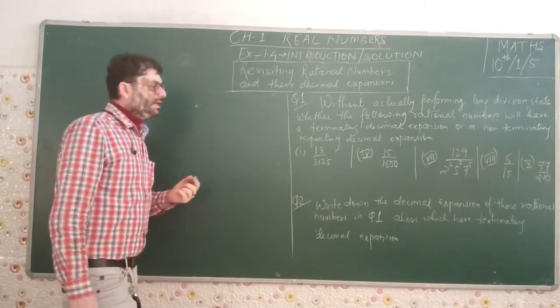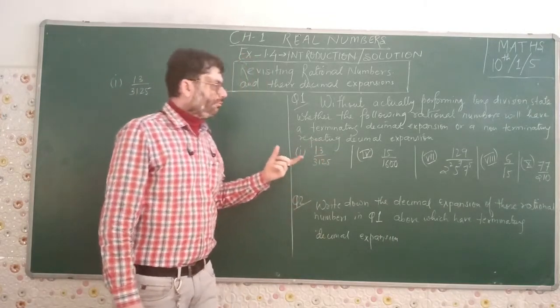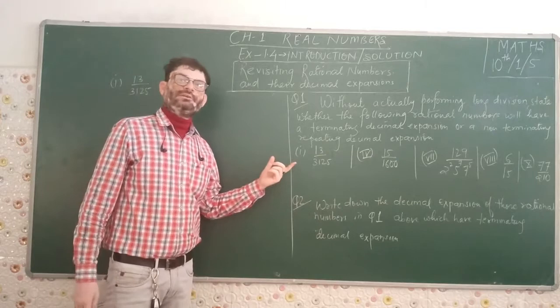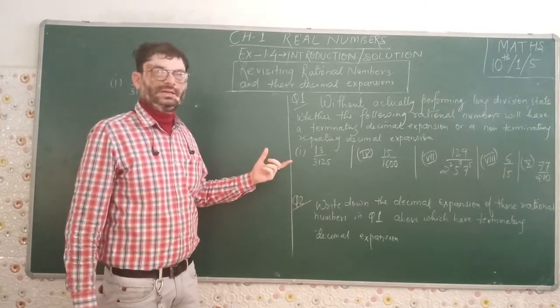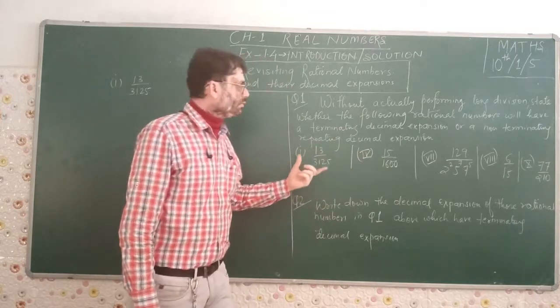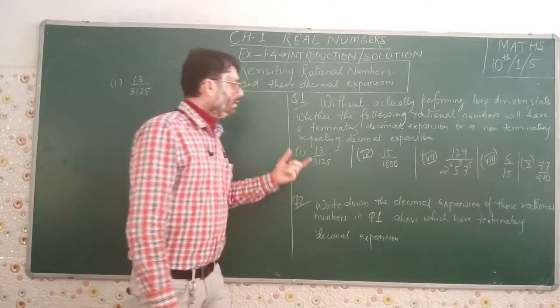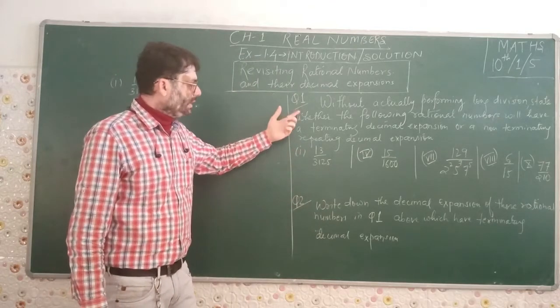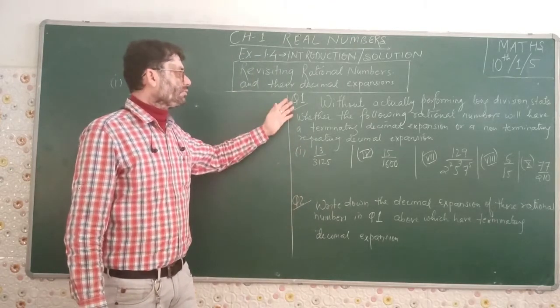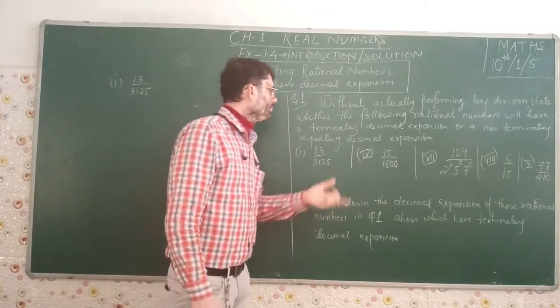Students, in this question, 10 parts are given to you, out of which I will be solving 5 parts and the rest 5 are for your practice, so that you can understand how to solve such questions. Question number 2 is related to question number 1, which is why it is written along with question number 1.